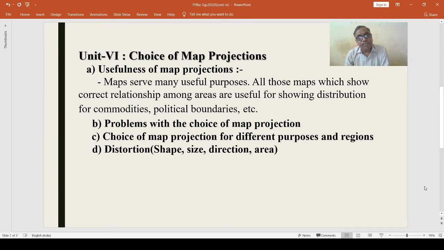In this way, the choice of map projection for different purposes and regions is made. Then distortion with respect to shape, size, direction, and area.